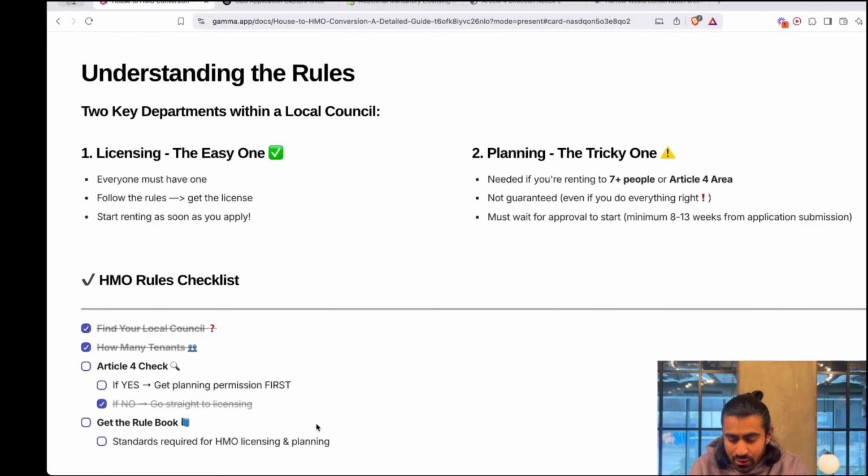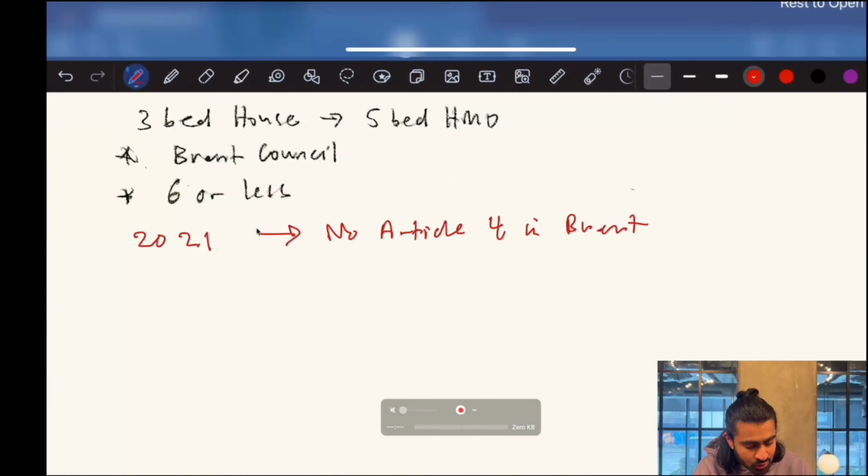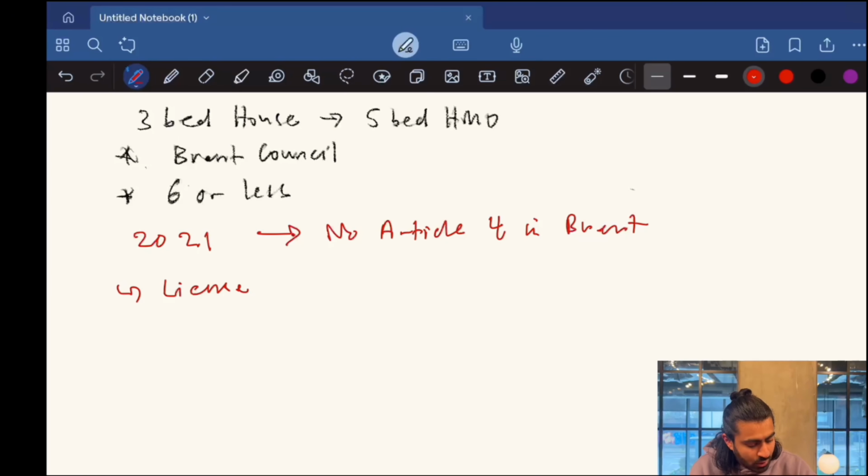Now, going back to our example, in 2021 there was no Article 4 direction in Brent. So now what I need to do is find the license book.